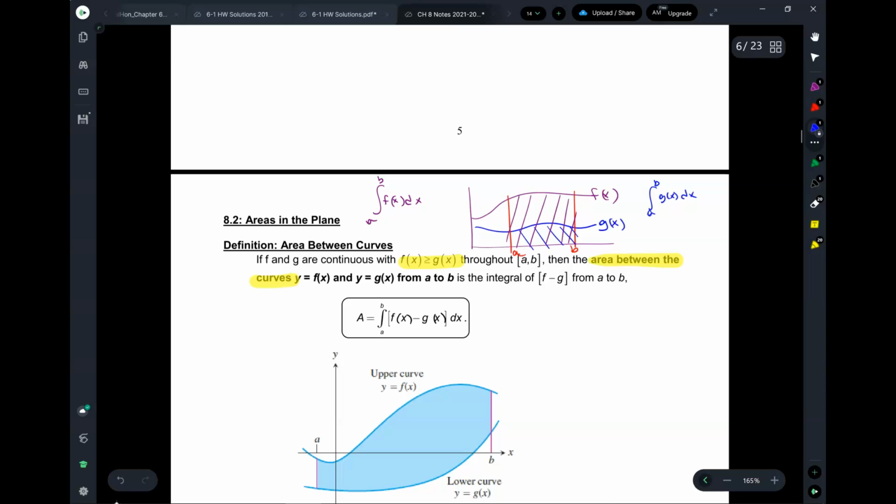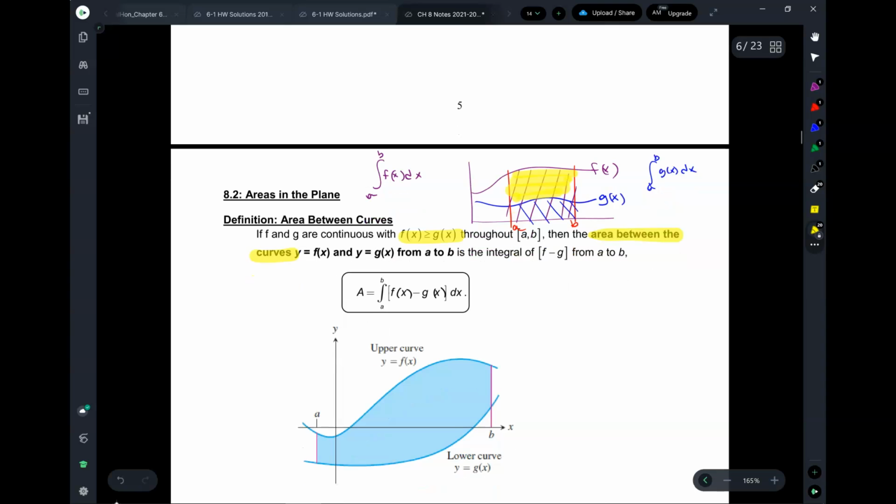This area, right? But now, if I want to find this area in the middle, what would I do then? Subtract the two integrals, okay? So that's the idea behind this. How would you do it if it's below the x-axis? It all works out, okay?